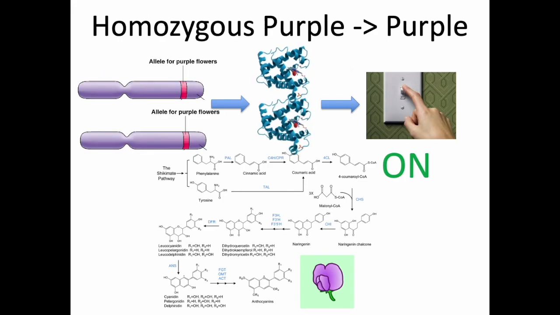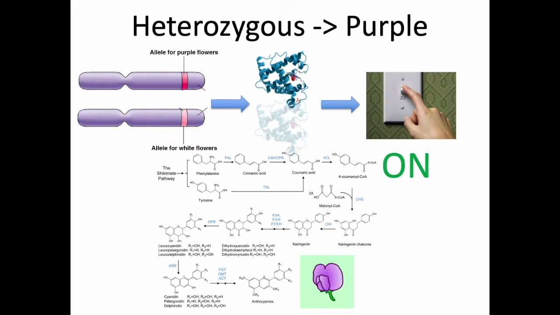So whether you're homozygous purple or heterozygous, the phenotype is going to be the same, purple flowers. And again, the only reason we know that this is going to be purple is because we understand this pathway. Again, it's important to appreciate that alleles, these genes, encode proteins, and the proteins do stuff, and the stuff that they do results in these phenotypes.